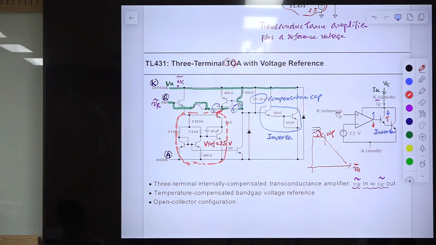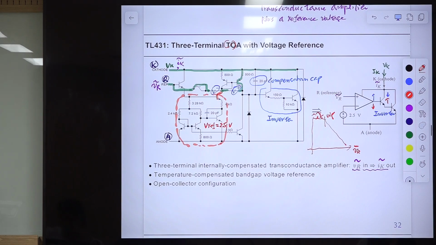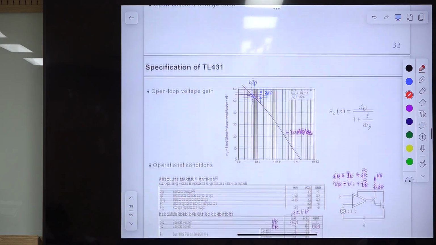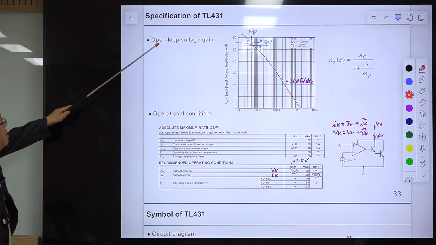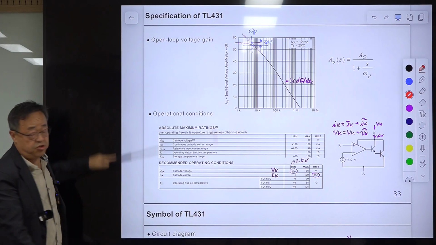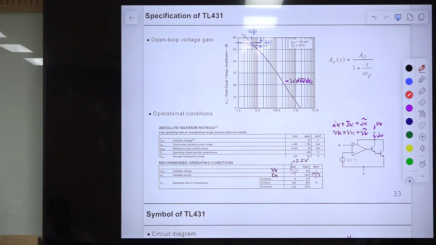There are many complicated circuits for this. Maybe this is the simplest implementation of that. Okay, and this is the specification of the TL431. This should be open loop transconductance, not voltage gain, because this is a transconductance amplifier.